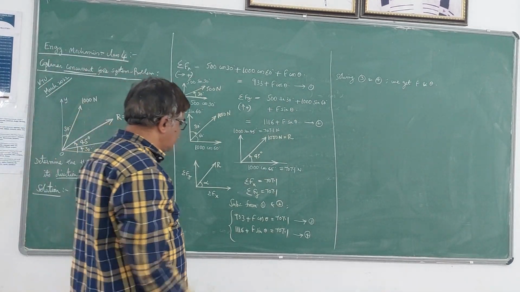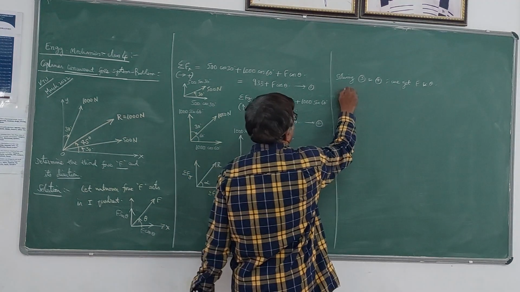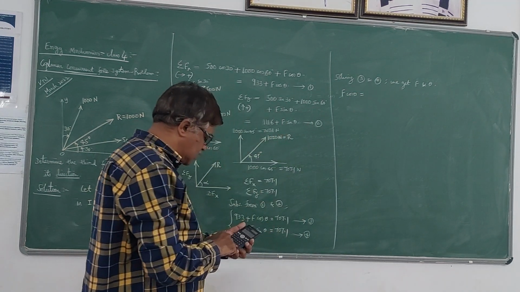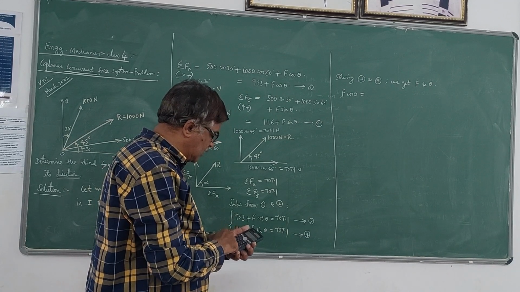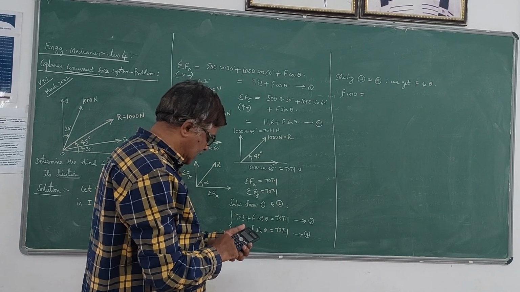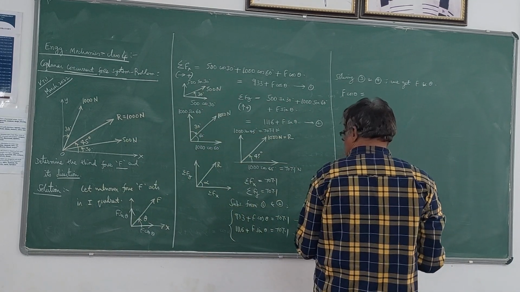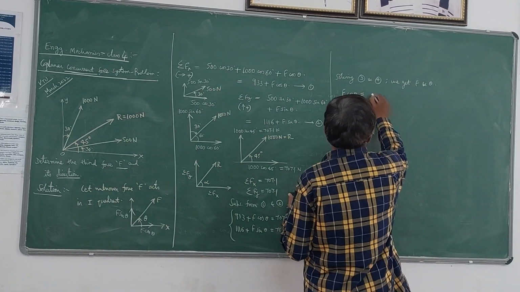Now to solve that, from equation 3, F cos theta will be 707.1 minus 933, which comes out to be minus 225.9.